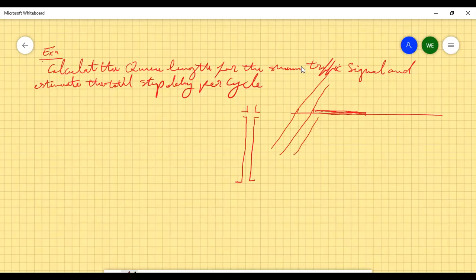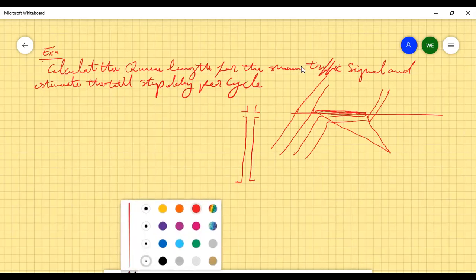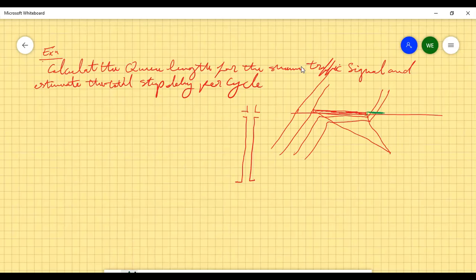When it turns red, queues start forming. Okay, so we have a queue that built up to this shape. Then when it turns green, vehicles start moving. That's during the green phase. And that's the start of the red time here.